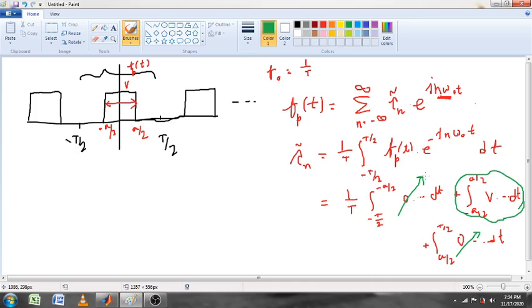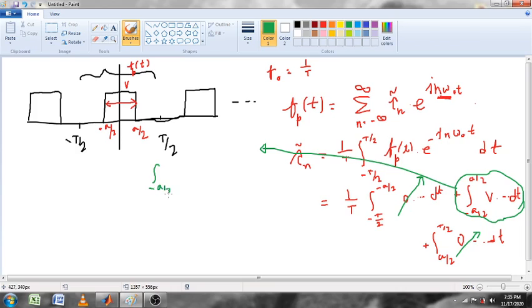So let us write it clearly over here. This integration is minus a by 2 to a by 2 of V, which is a constant, multiplied by e power minus j n omega naught t dt.